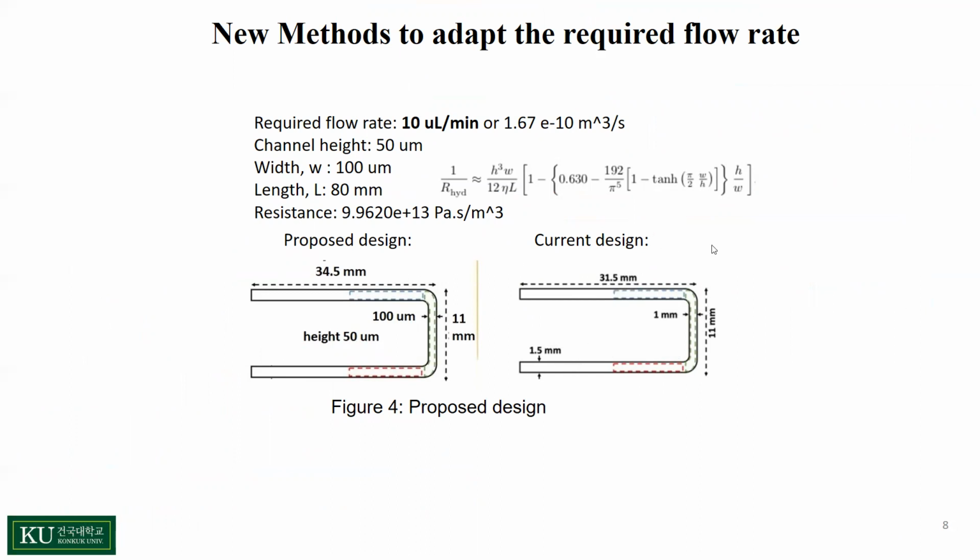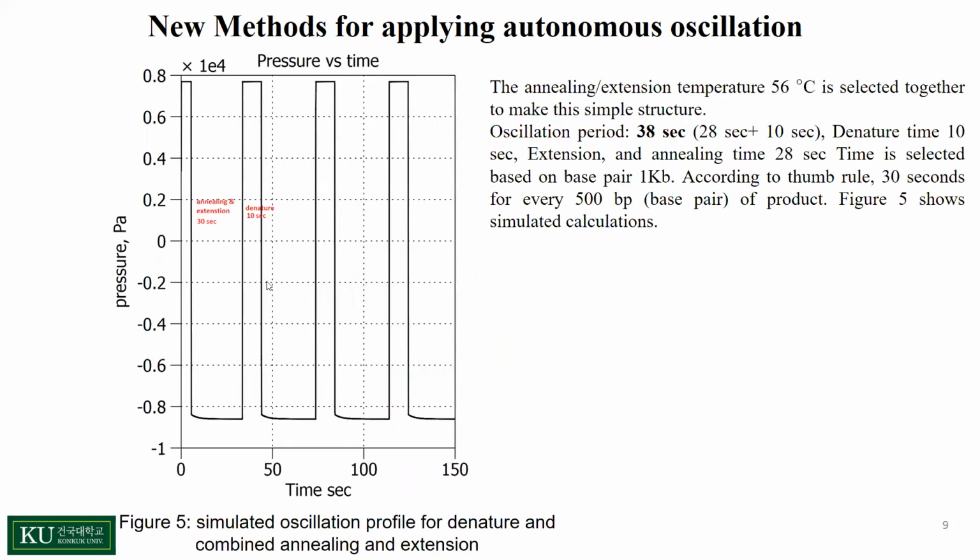As in this paper I read I did not find any height, I proposed a height of 50 micrometer and a width of 100 micrometer. Then the resistance will be 10 to the power 10, sorry, I may have written it wrong before, which will produce a 10 microliter per minute flow through the PCR device.